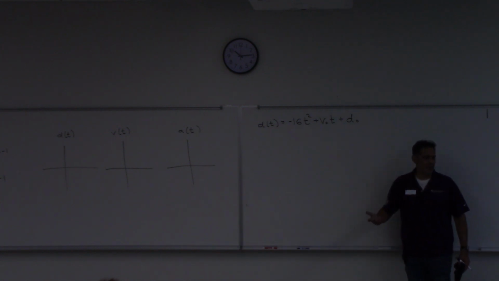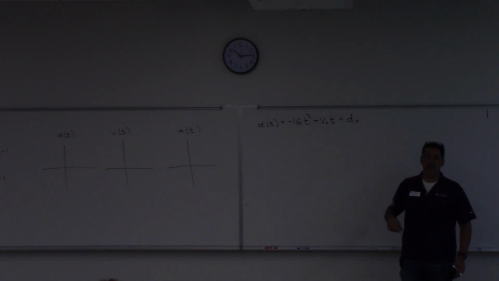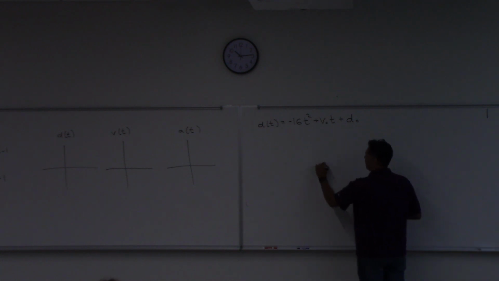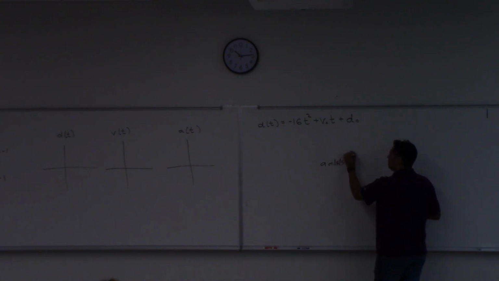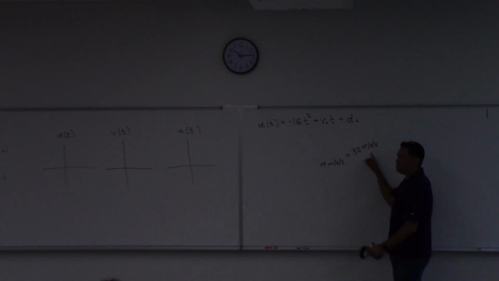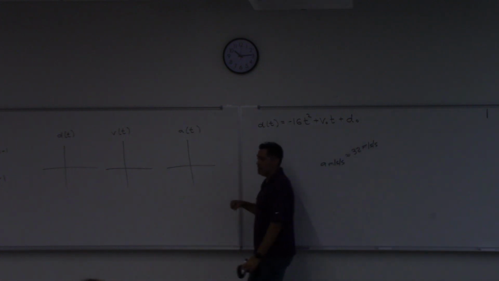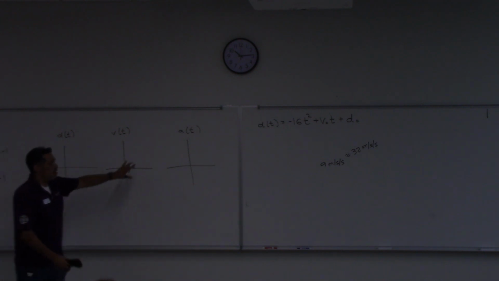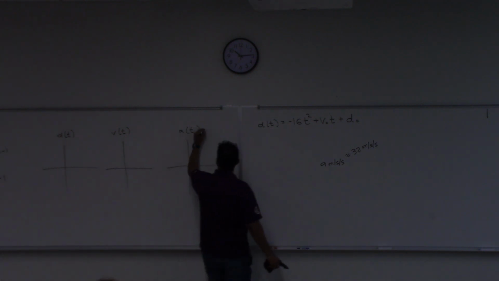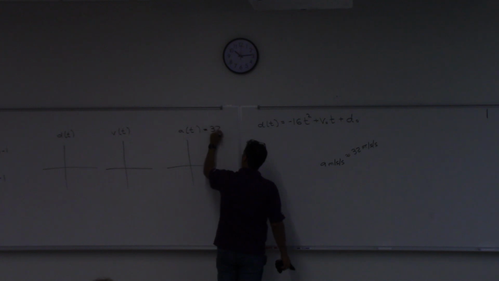Y'all have heard that before? If we convert that into feet per second, it's approximately 32 feet per second squared. That's the acceleration of gravity on Earth. So that means our acceleration function is the constant 32.